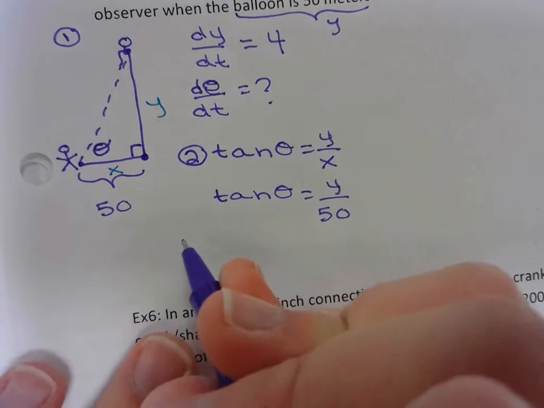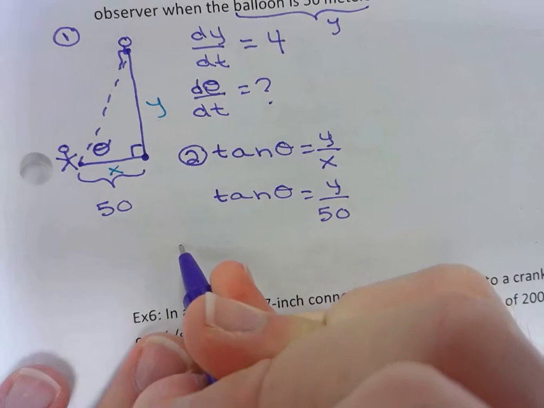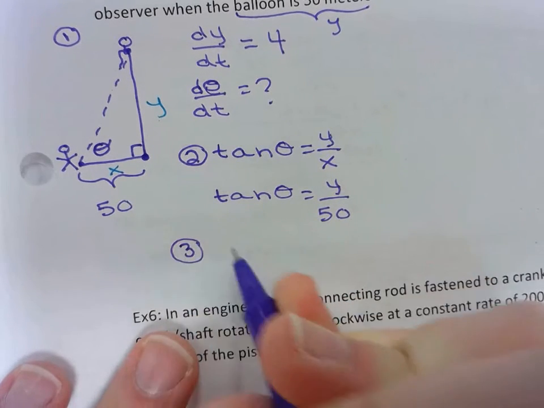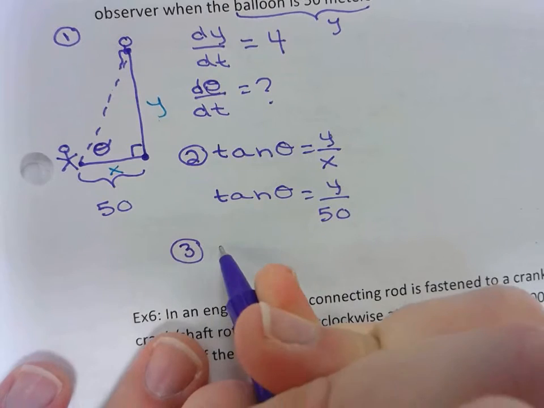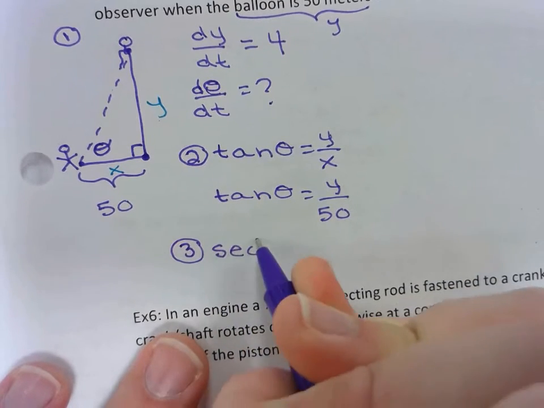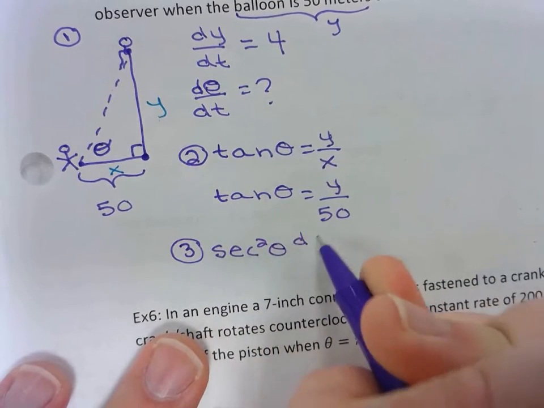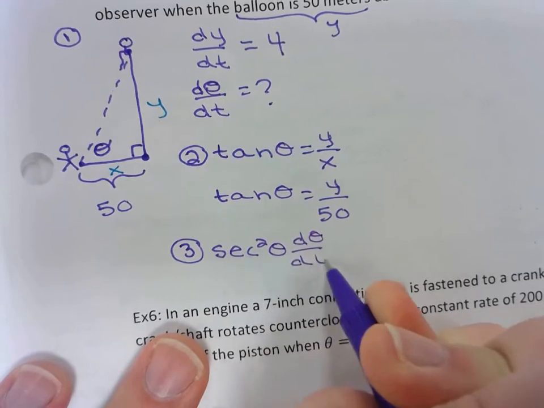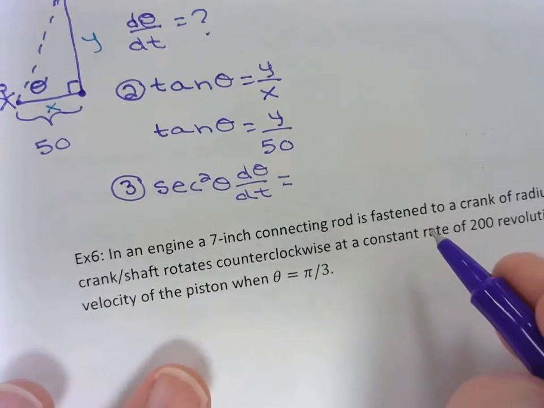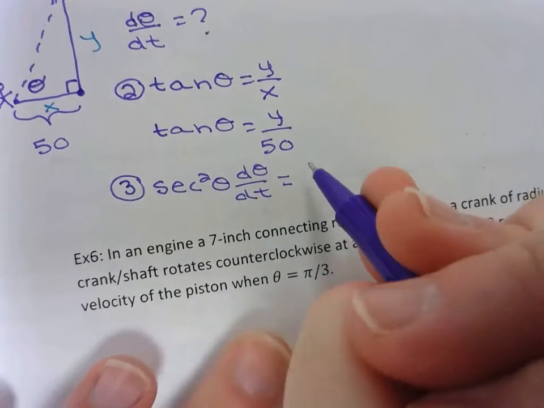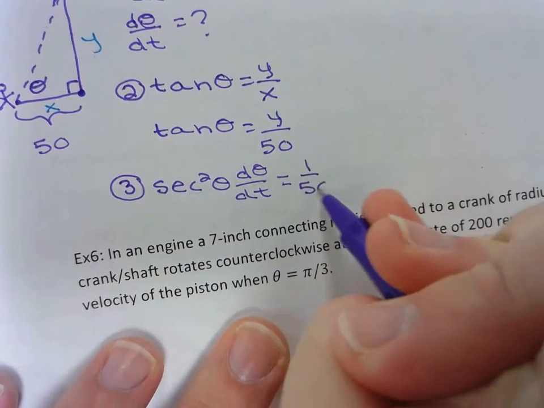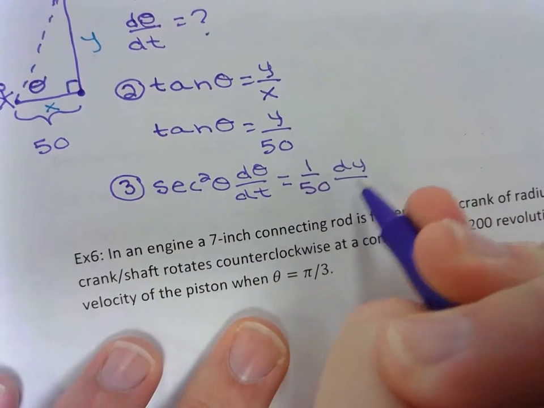Now let's go ahead and take the derivative. So derivative of tan theta is secant squared theta, d theta over dt. Now think about dividing by 50 as multiplying by 1 over 50. So that is going to be 1 over 50 dy over dt.